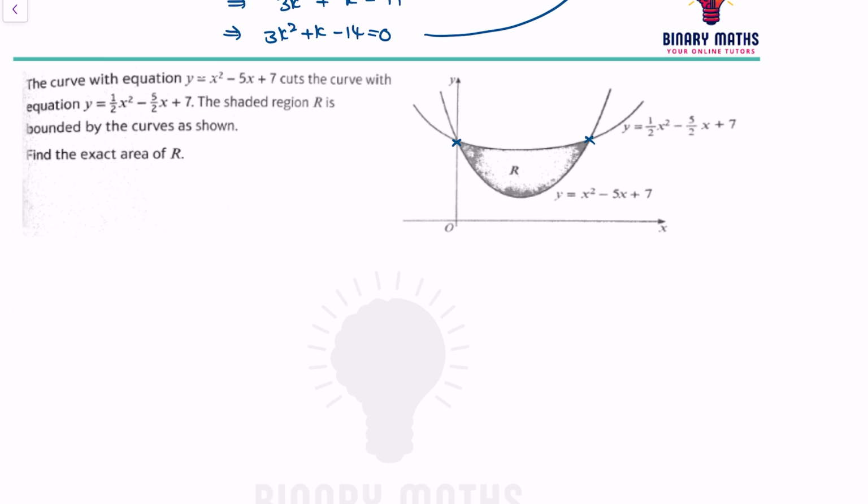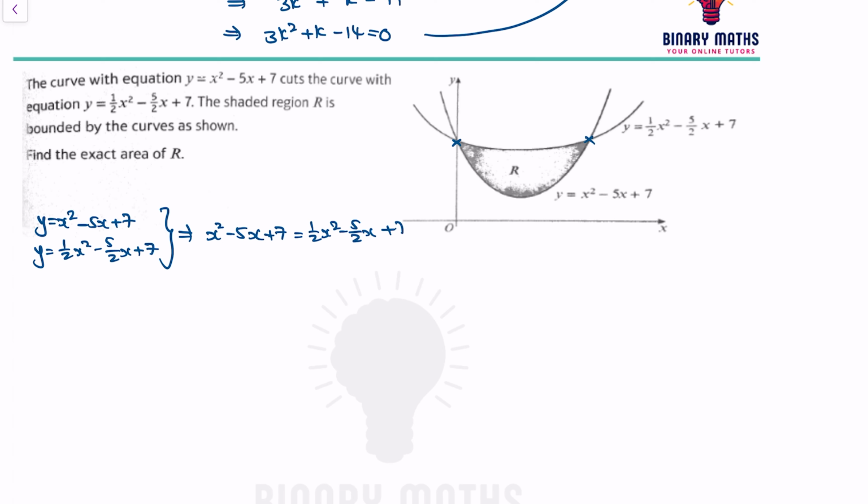So the two equations are y is equal to x squared minus 5x plus 7, and y is equal to half x squared minus 5 over 2x plus 7. Because y is the subject of both formulas, I can just equate the right hand sides. So I get x squared minus 5x plus 7 is equal to half x squared minus 5 over 2x plus 7.